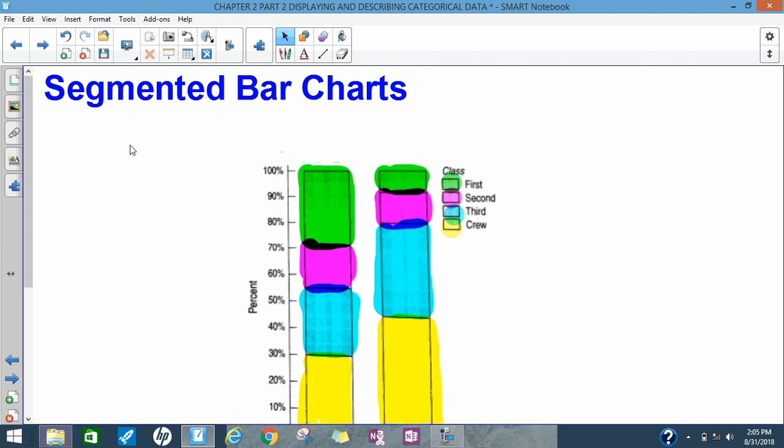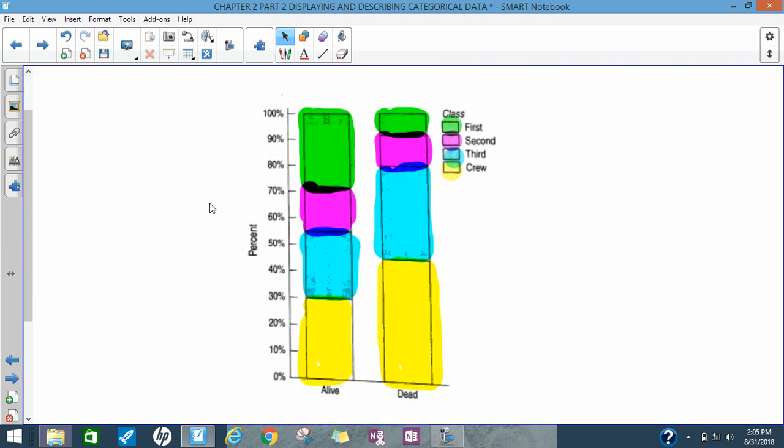Another way to show that would be with a segmented bar chart. So it's a little bit like a pie chart where we have one bar that represents 100%, and then we take the categories and we break that bar up to show what part of the whole they encompass. So here is my distribution of people who lived based on class, and here's my distribution of people who died based on class.